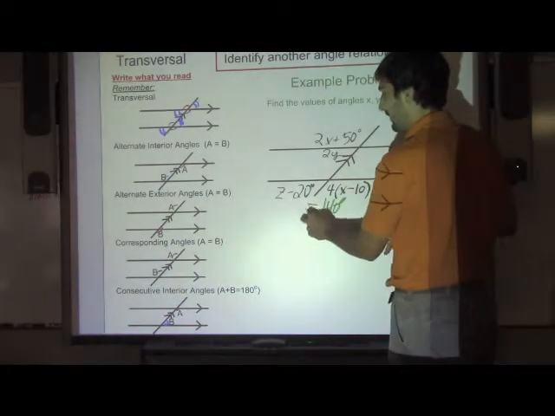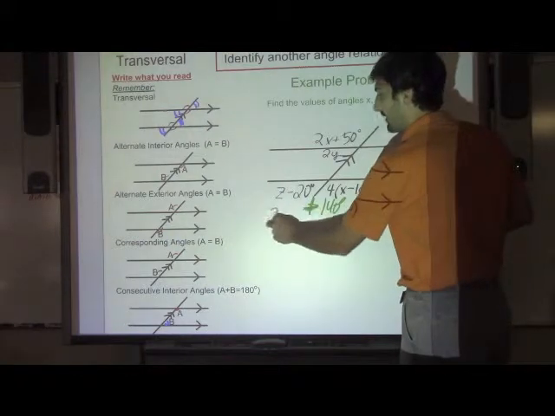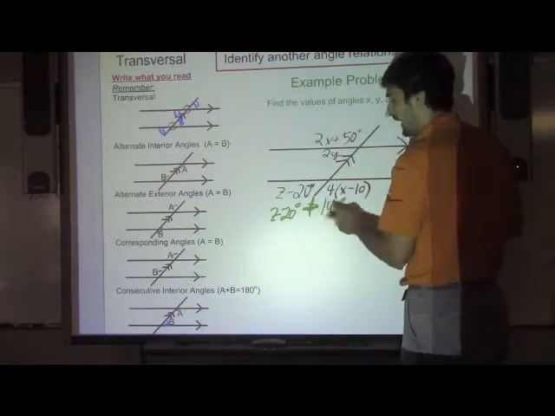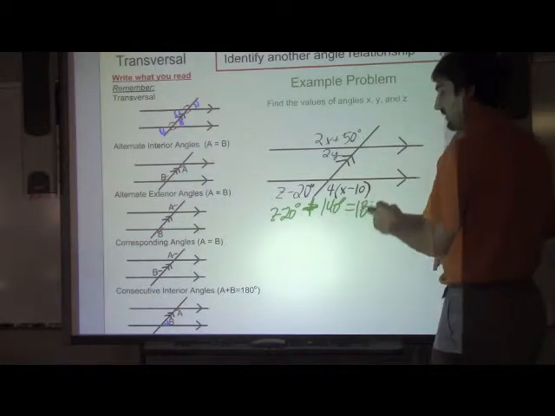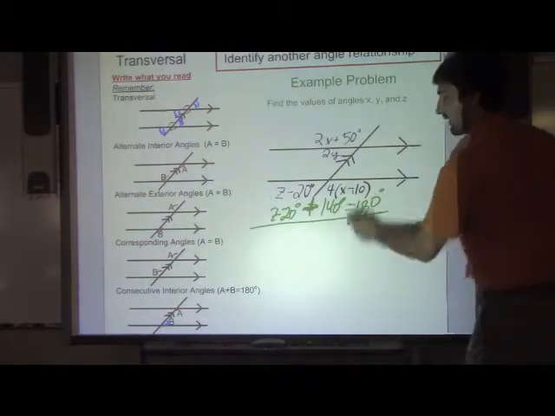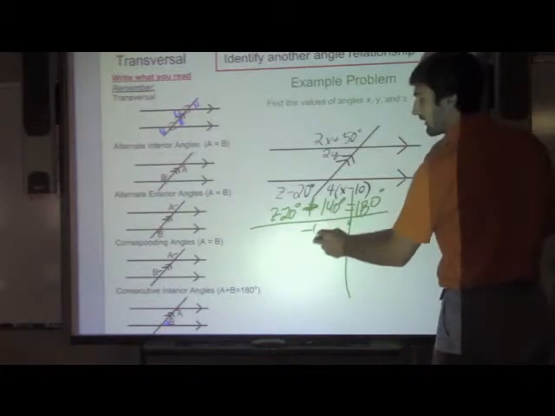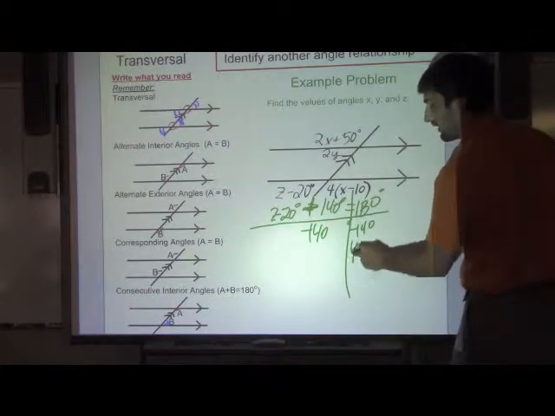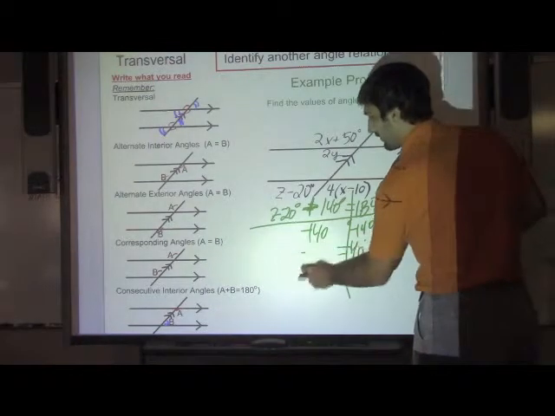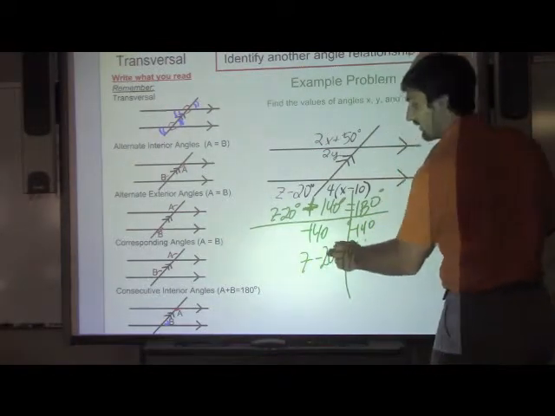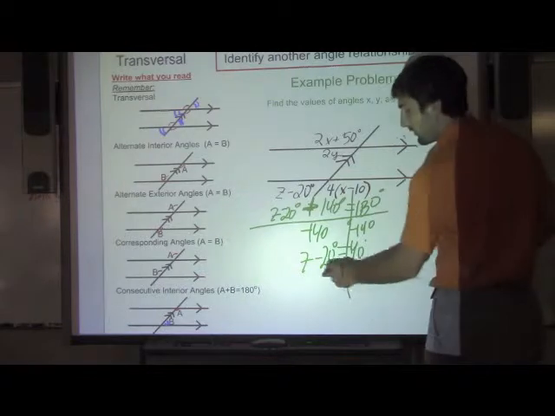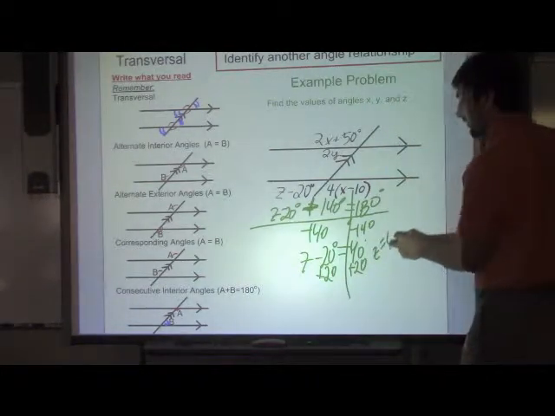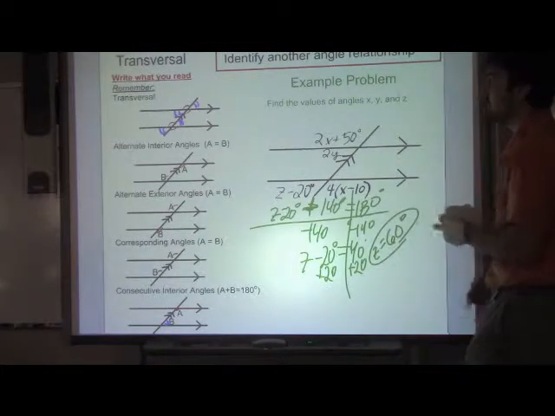So we know that 140 plus z minus 20, because these are a linear pair, add up to 180. So you balance this. Subtract 140 from both sides. You get 40 degrees equals z minus 20 degrees. Now the opposite of minus 20 is plus 20. So z therefore equals 60 degrees.